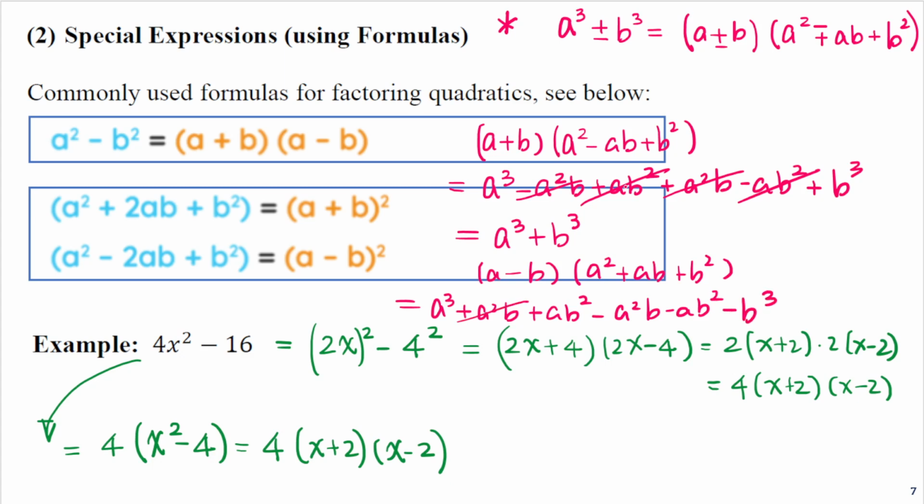Again, we can cancel all the terms in the middle. So this will give us a cubed minus b cubed. You get it? So you should memorize this one, this one, this one, and that one. You have these commonly used formulas to factorize expressions like this.